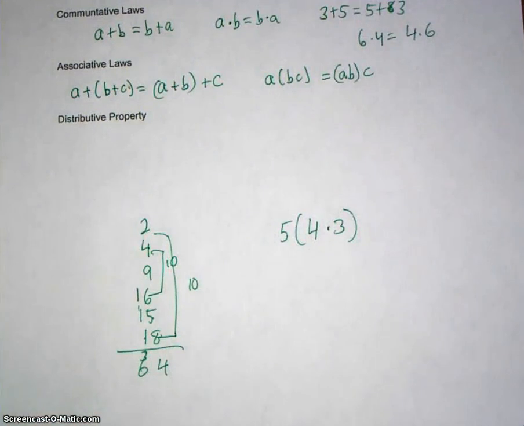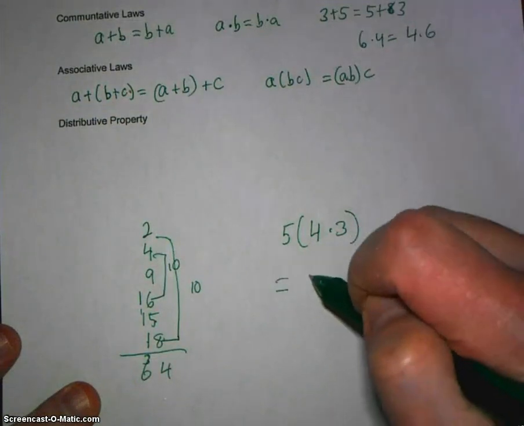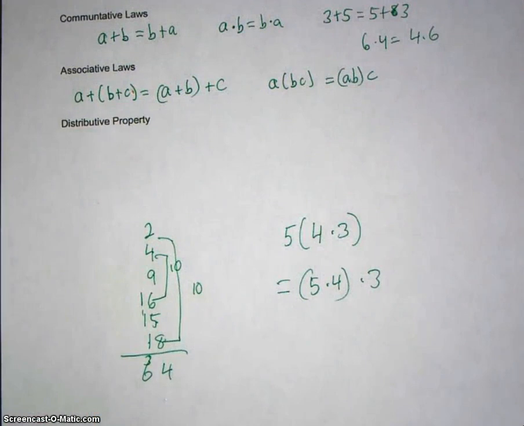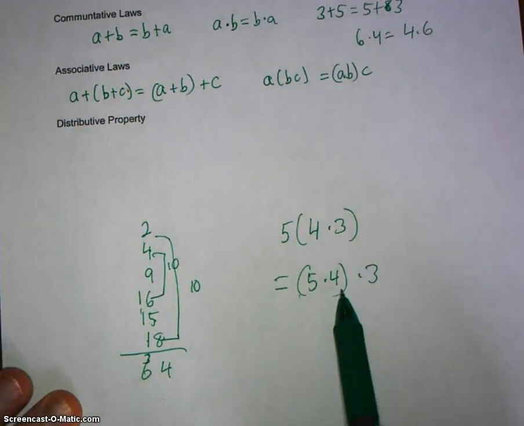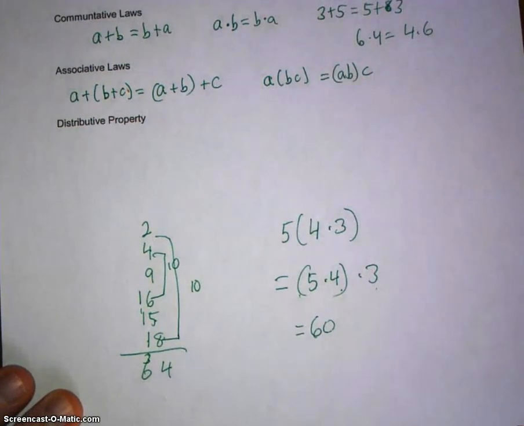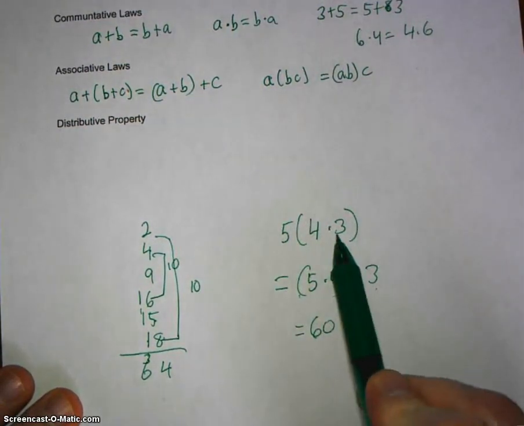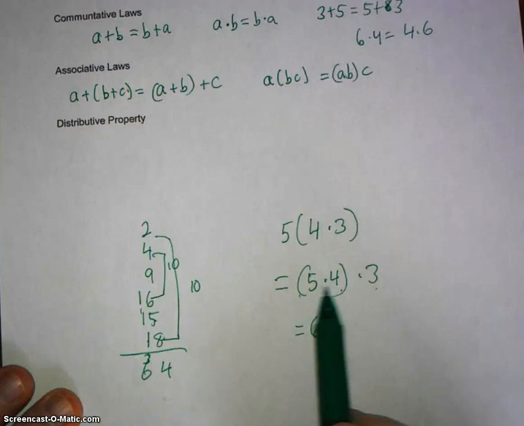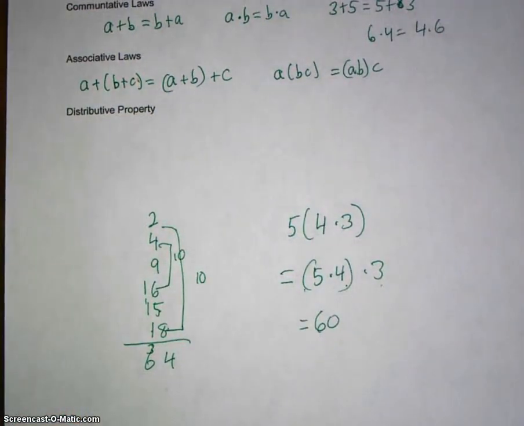And again, I'll do the same thing, in that I'll choose to change grouping, because 5 times 4 is 20. And then 20 times 3 is 60. And I find that easier than doing 4 times 3 is 12 and then 5 times 12. So again, I'm trying to set things up so that I get things with zeros. Makes my life a lot easier.